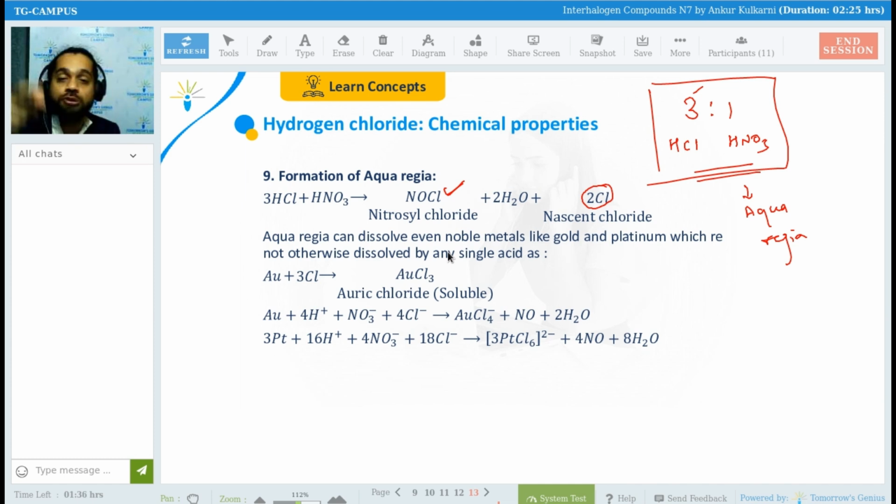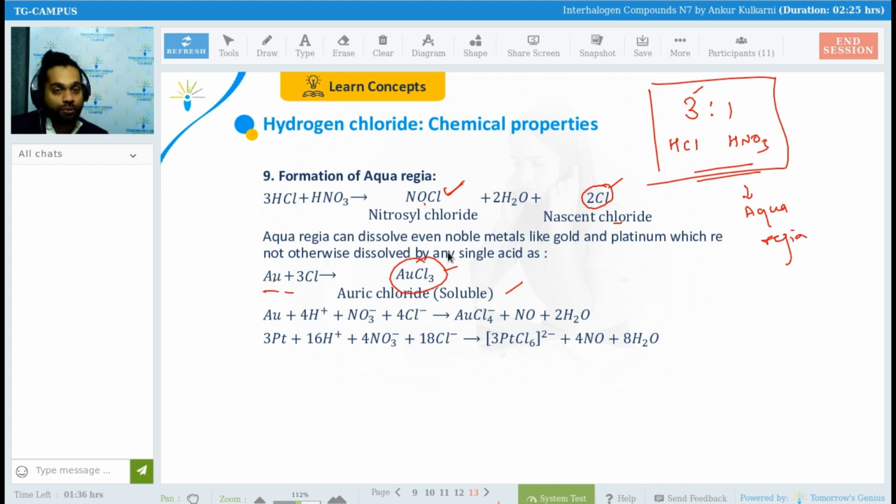Due to this nascent chlorine, it reacts with the gold and makes gold chloride, which is soluble. That is the reason your gold is dissolved in aqua regia. Nitrosyl chloride is formed and nascent chlorine comes out. Nascent chlorine reacts with gold, making a gold salt which is soluble.